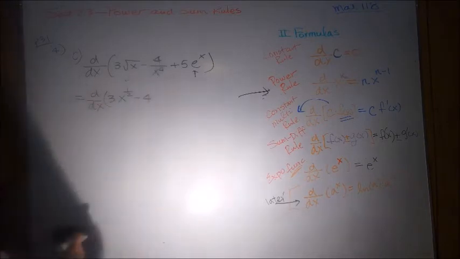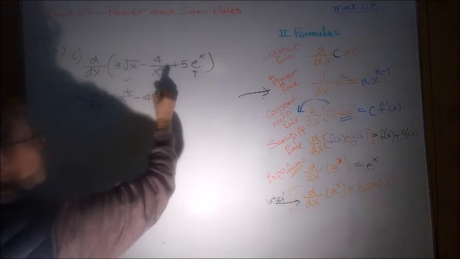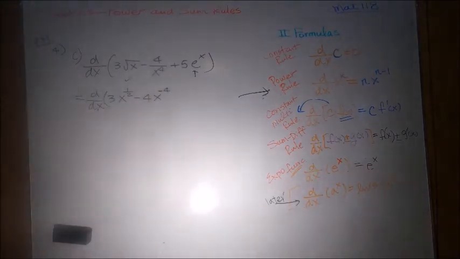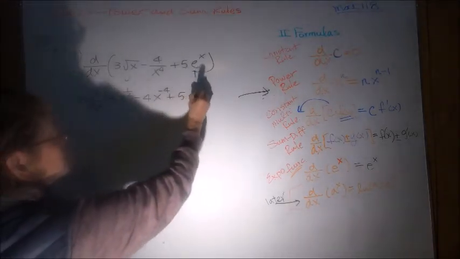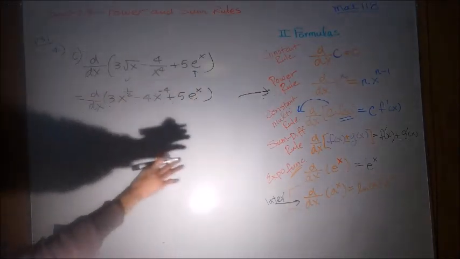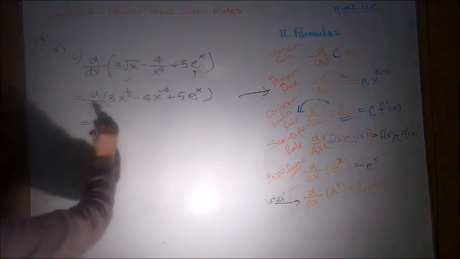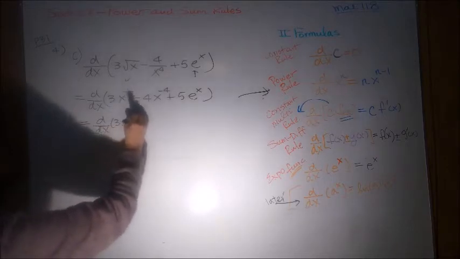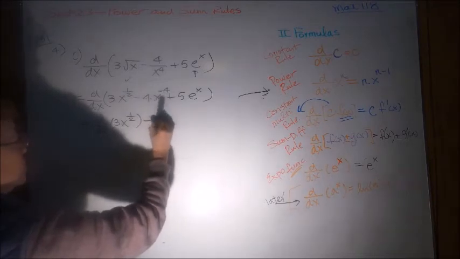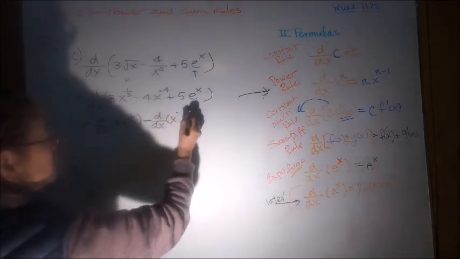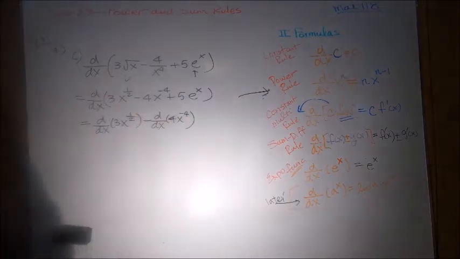Minus 4x to the 4th in the denominator means what? Reciprocal, right? And this one is this. So first we change to the power form, and we will write them individually, right? First one and second one. Oops, where is the 4? 4 is still here, right?